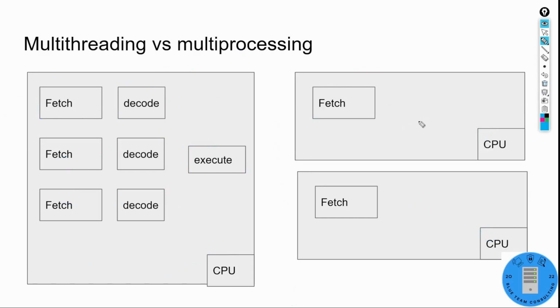Now, think about this concept a bit further. If we have multiple CPUs and each CPU can do multi-threading, you can get a very powerful system with multi-processing enabled. Maybe you have 8 CPUs and they can all do multi-threading, and you're off to the races.